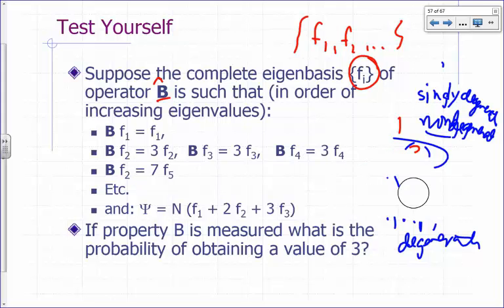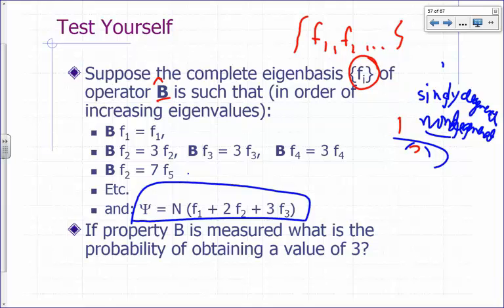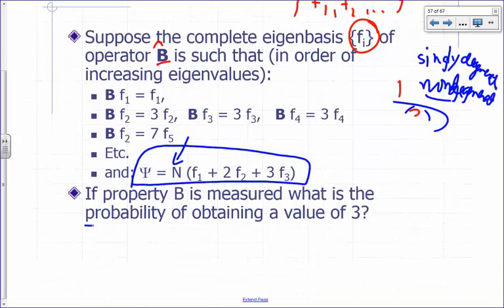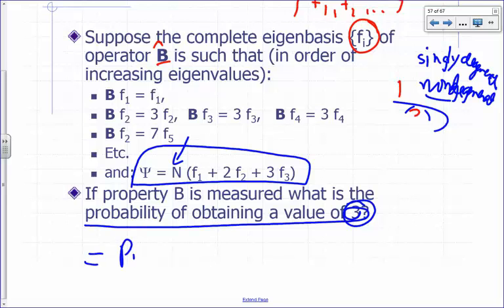So what if psi happens to be equal to some normalization constant N times f1 plus 2f2 plus 3f3? According to postulate number 4, what is the probability of obtaining a value of 3 if I were to measure B? So the answer would be equal to what? The probability that I'm going to get B equals 3.